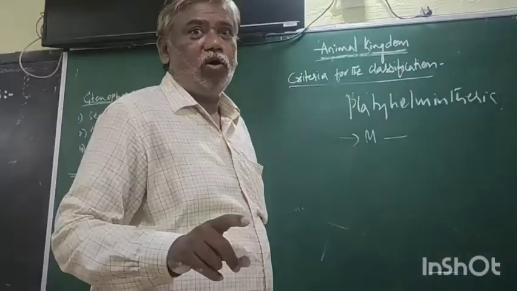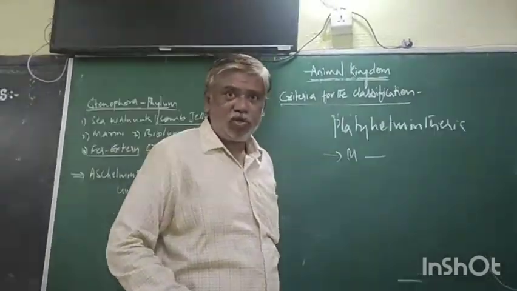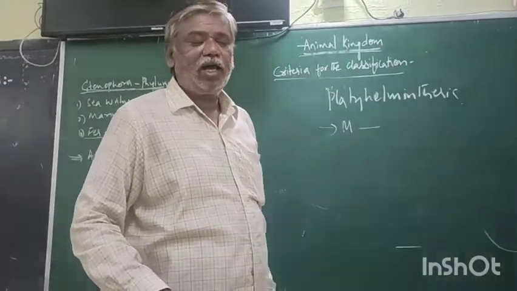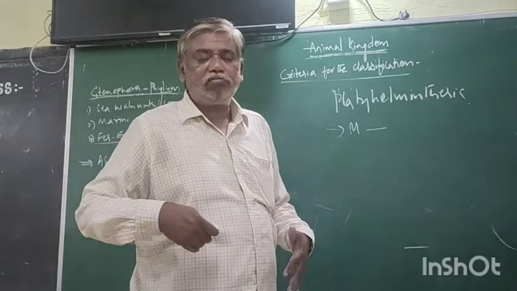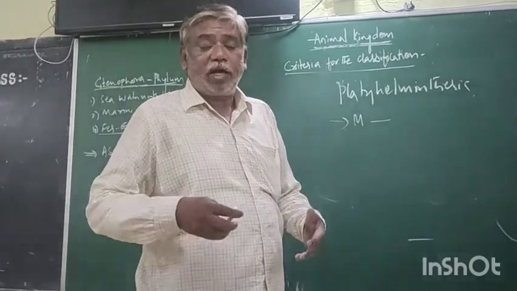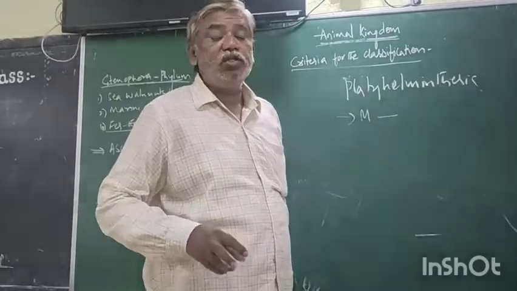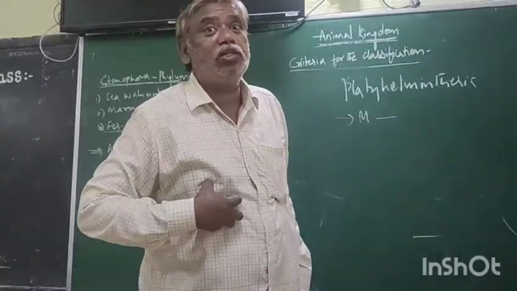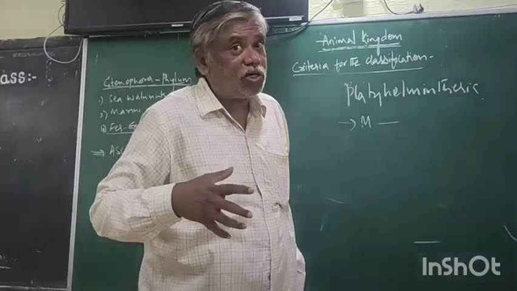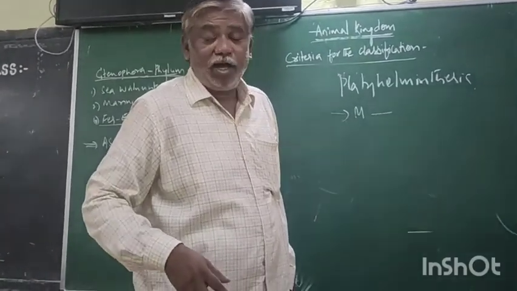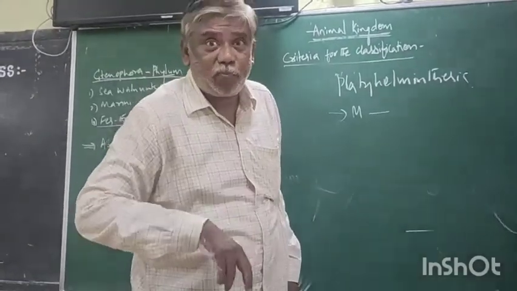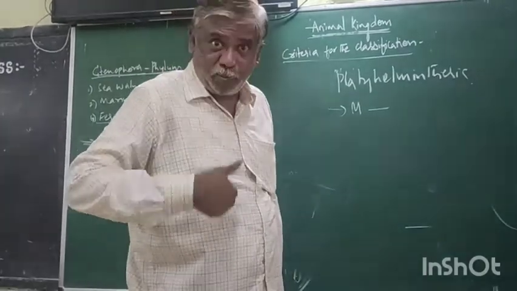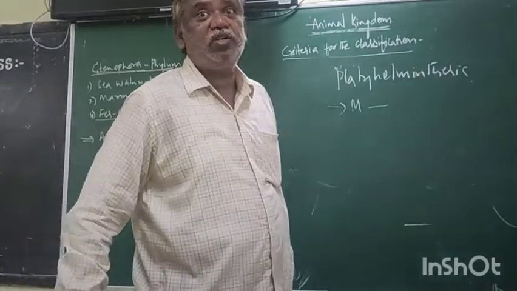Now, in parasitic forms, suppose you take the tapeworm which lives in man, the host is man. These parasitic Platyhelminthes have some organs of attachment, hooks and suckers, to hold the intestine. If these organs of attachment are absent, internal intestinal parasites would come to the outside with the feces.